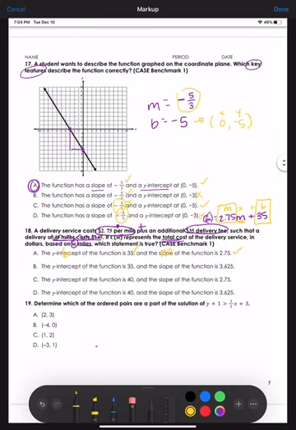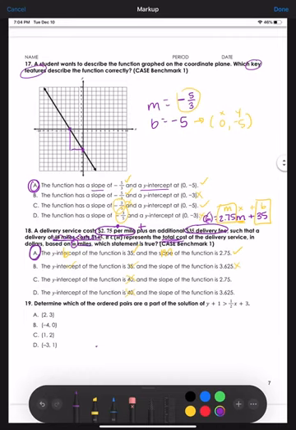Looking through here, the y-intercept is 35. The slope is not 3.625. I don't even know where that came from. The y-intercept of the function is 40. That's not true. So this one's not right. And the y-intercept is, no, that's not right. So the answer here is A.